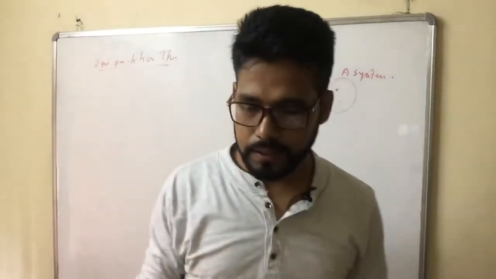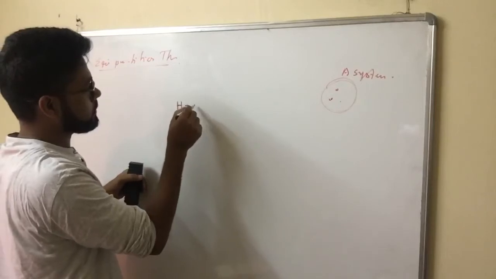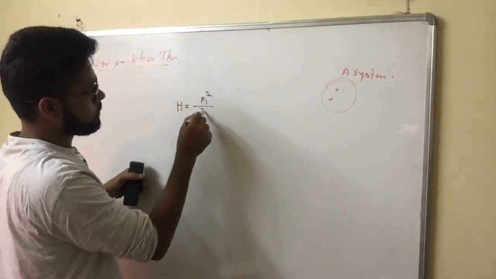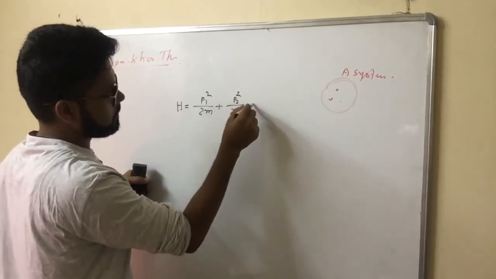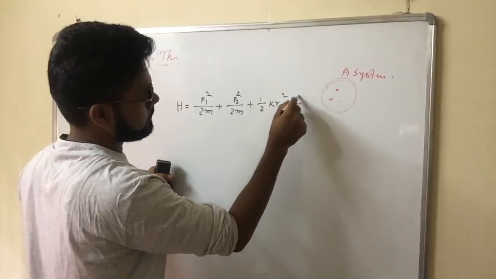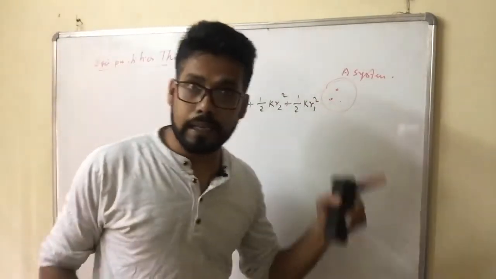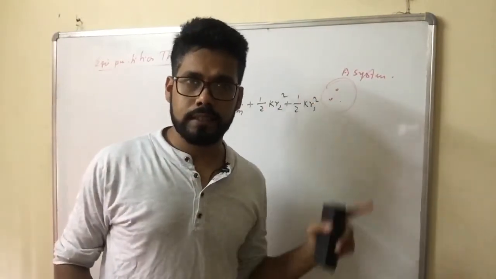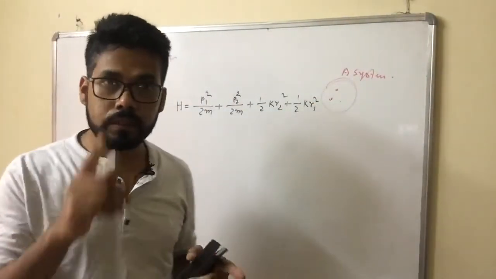Consider a system composed of only two particles, and the Hamiltonian is given by p1 square by twice m plus p2 square by twice m plus half k r square plus half k r1 square. So again I read the question: consider a system of two particles having this Hamiltonian. What is the specific heat? Do not confuse.